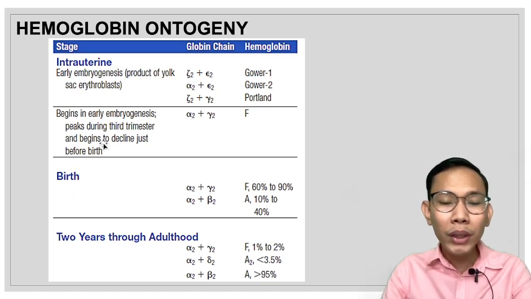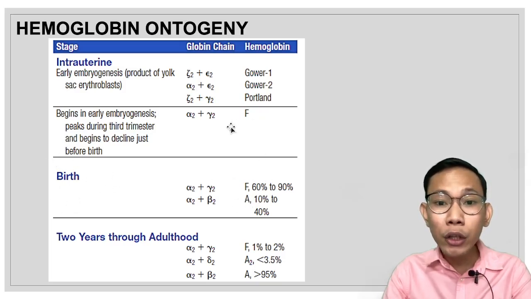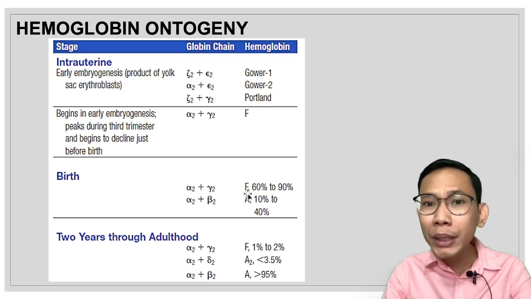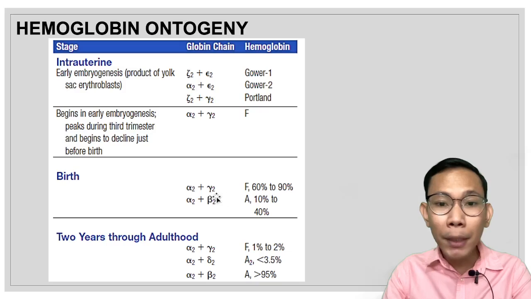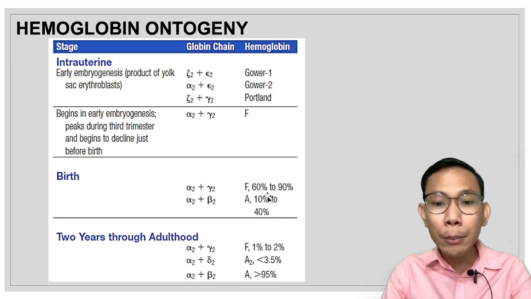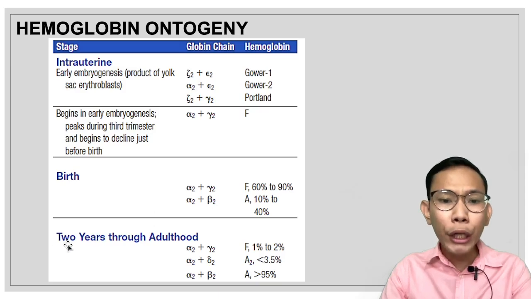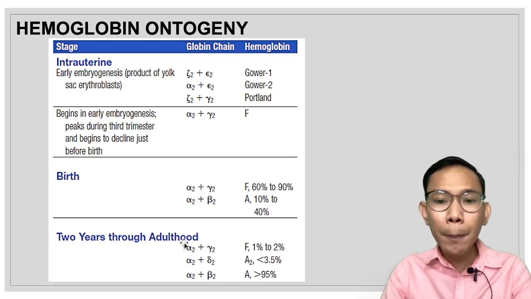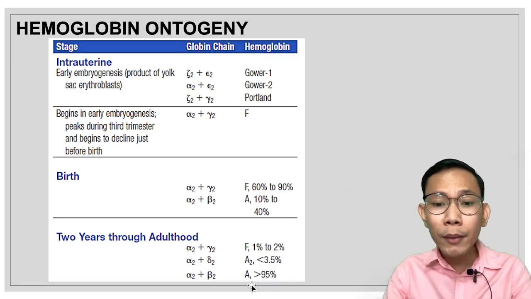At birth, what is the predominant hemoglobin? It's your hemoglobin F. Still your hemoglobin F. Ano ang hemoglobin F? Alpha 2 and gamma 2 globin chains. And then, 10% to 40% is your adult hemoglobin or your hemoglobin A1. This is hemoglobin A1, alpha 2, beta 2. 2 years through adulthood, the major hemoglobin is your hemoglobin A1, which is alpha 2 and beta 2.